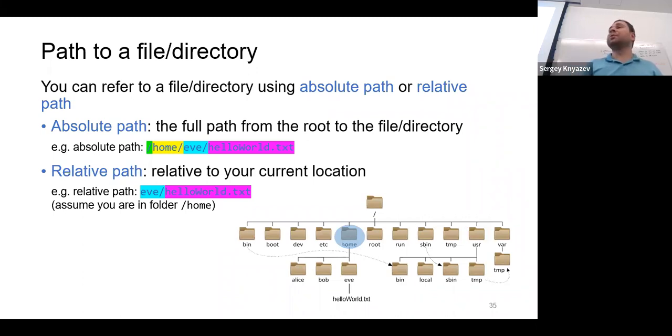They call it absolute path or relative path. It is a very important concept, because errors can happen when you use a relative path instead of an absolute path and vice versa. So what does absolute path mean? Absolute path always starts with the root directory.